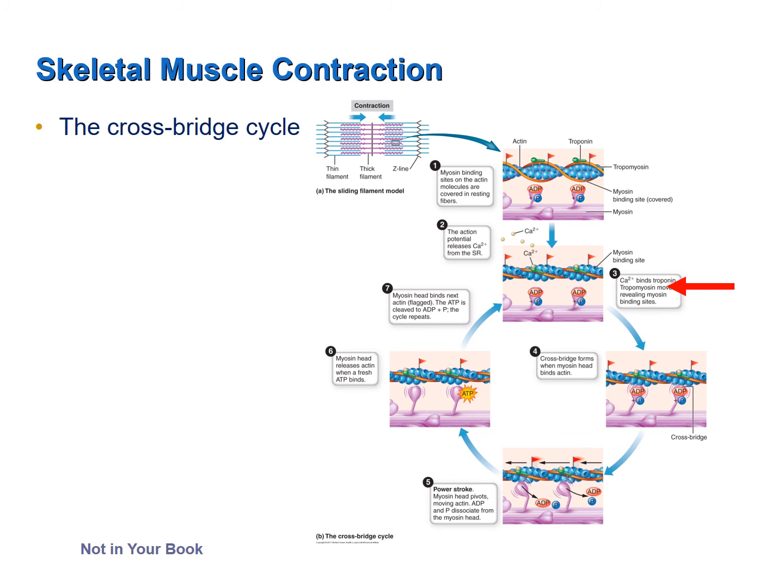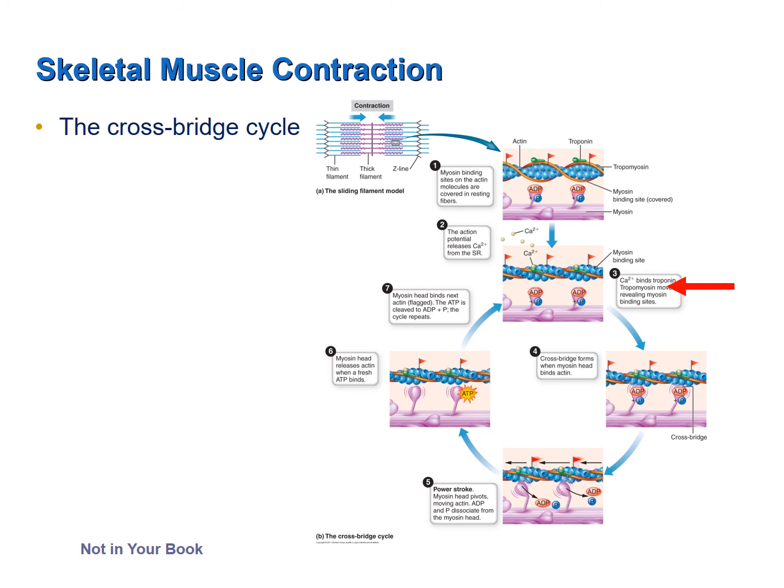As long as the motor neuron continues to release neurotransmitter, there will be a continuous production of action potentials in the skeletal muscle fiber and a continual release of calcium to allow for muscle contraction.